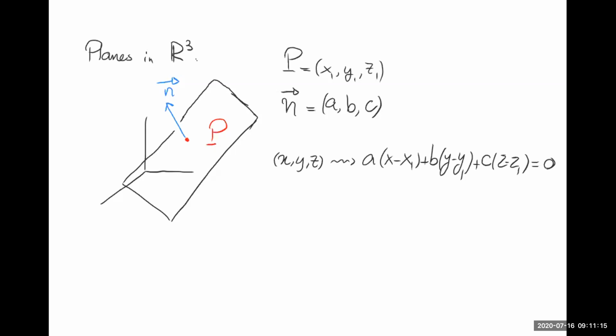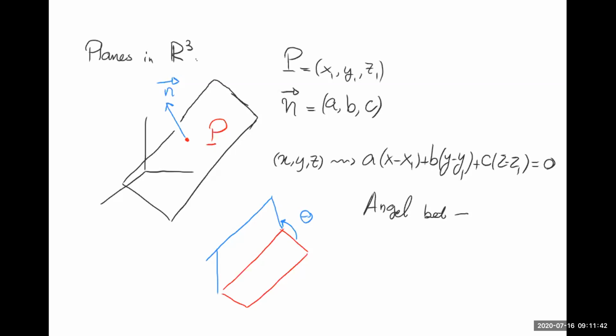And the last thing we mentioned was how to find the angle between two planes. So I have one plane here, I have another plane here, right? There's an angle between them, theta, and I want to find this angle theta. So how can we find the angle between planes?